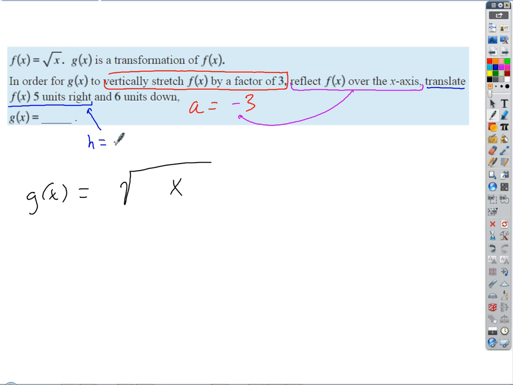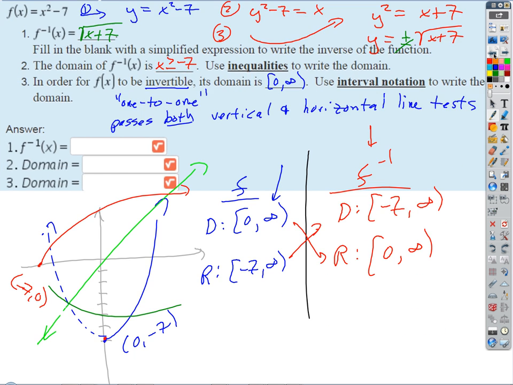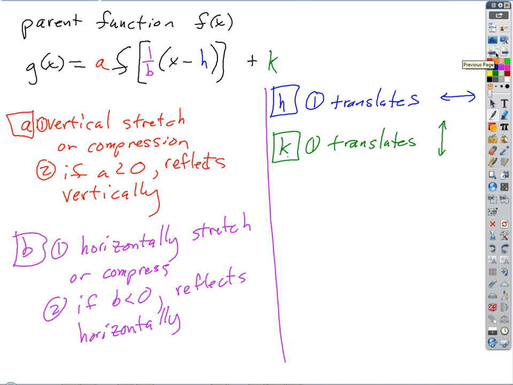I see what you're saying, but h actually has a value of 5. It's just that we're subtracting h from x. So h equals 5. Everyone see what Justin's saying there? He's thinking about the fact that h is subtracted from x, but we're just going to subtract 5, so we get x minus 5.